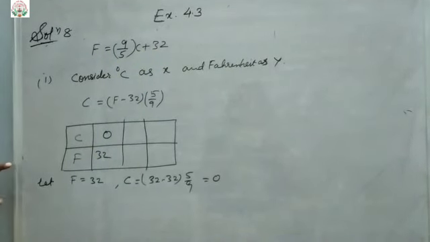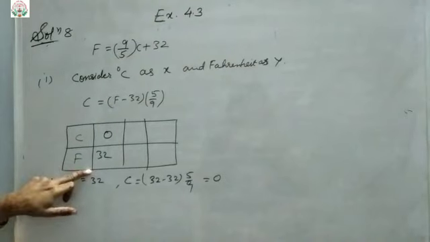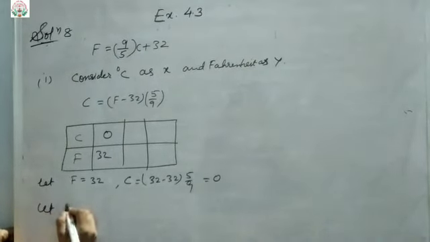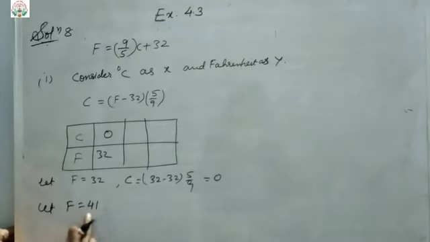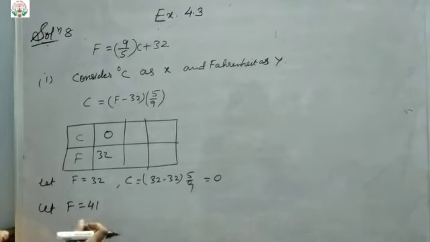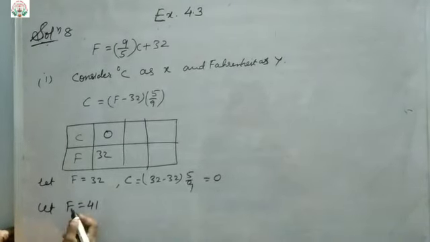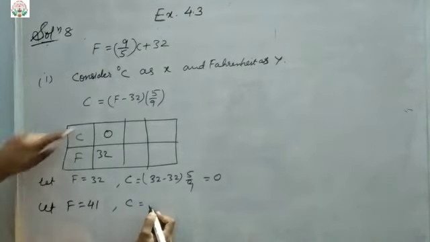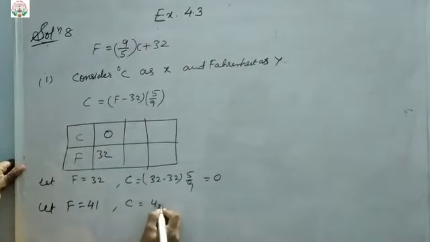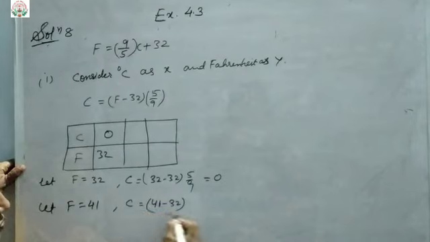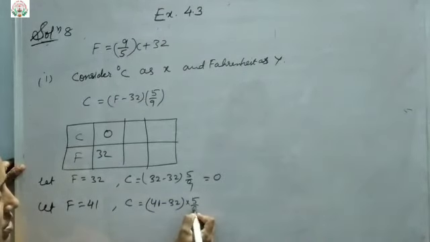Now the second point, when F equals 41, you take. Let F equals 41. Why are we taking such values? Because when you put them in, you will get a whole number, not a fraction or decimal value. So F equals 41 means C equals (41 minus 32) into 5 upon 9.